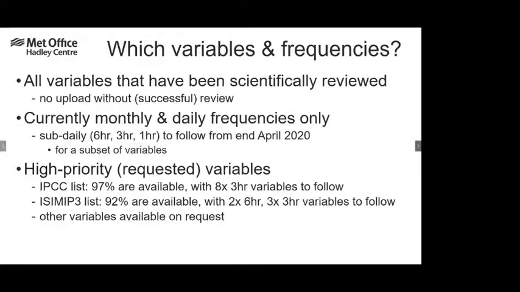Based on that same idea of people asking for variables, there have been various lists of high priority variables requested by different people. For example, there's a list of variables from the IPCC that have been designated as high priority. Currently, we've got 97% of those up on ESGF.